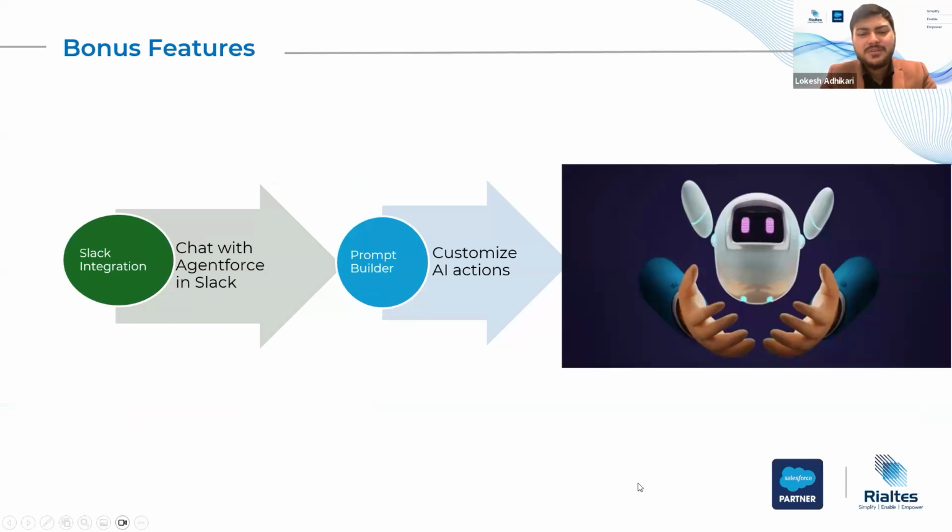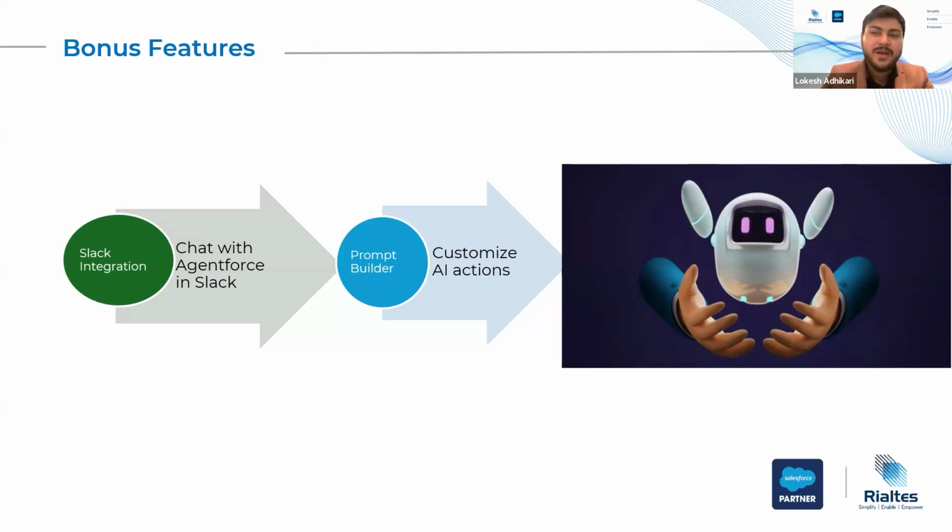Now let's talk about some bonus features that really extend Agentforce's power. The first thing we'll talk about is Slack integration. That means you can interact with Agentforce directly inside Slack. You can ask questions about the conversations related to a group.